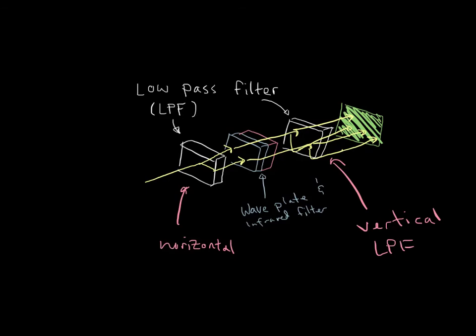The low-pass filters are actually the exact same. The wave plate is responsible for shifting the light so that the second one acts vertically and the first one acts horizontally. This one just changes the orientation. This is also called the hot plate, by the way. So that when the light strikes the sensor, it hits 4 pixels instead of just 1, right? Because we now have these 4 beams of light. And then those pixel values can be averaged to make the image.